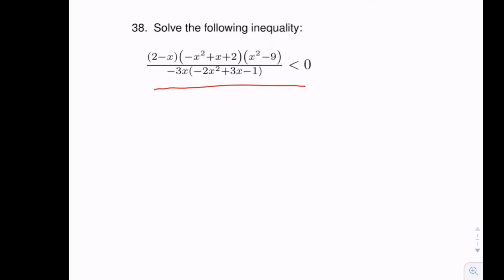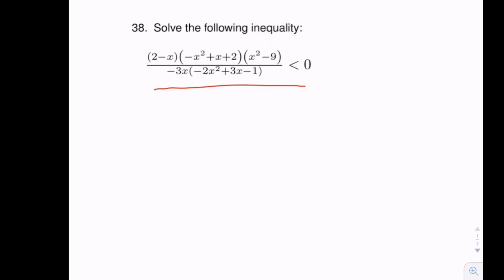Basically, the method of solving any kind of inequality that is comprised of a product of algebraic expressions or a ratio of algebraic expressions is like problem 35. We need to find the intervals at which this expression is less than 0.